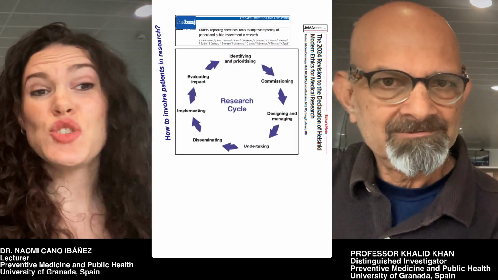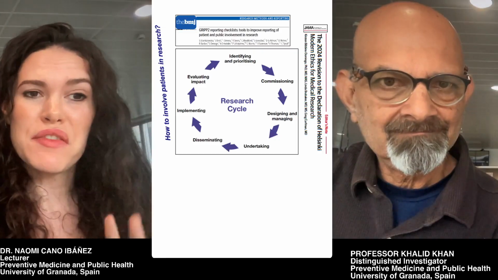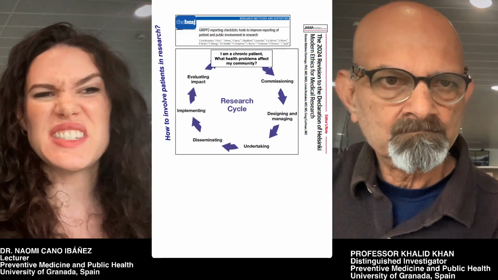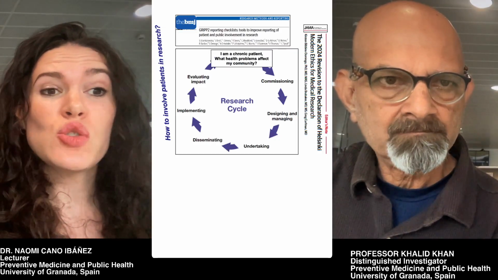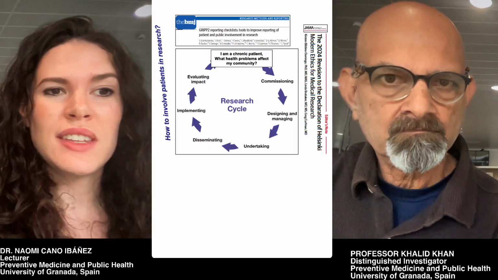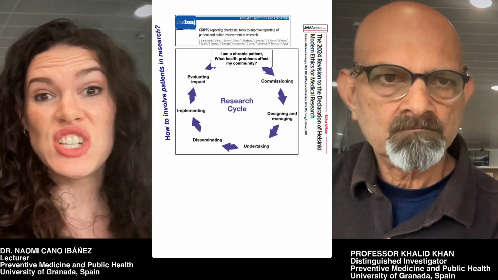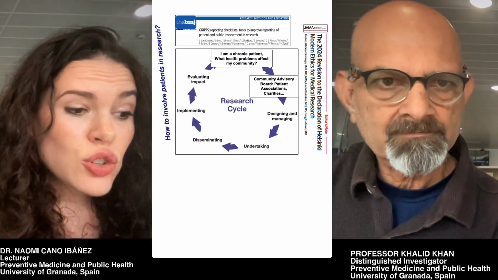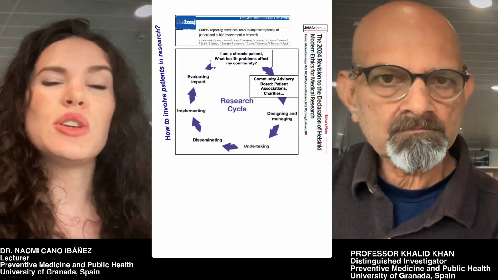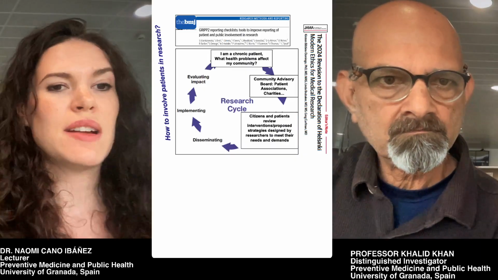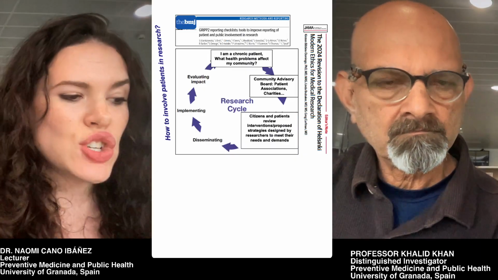Well, as you mentioned previously, we have 5 key steps that we have taken into account. The first one is knowing the expectations, the demands, the needs that the patient has. The second one is creating community advisory boards, for example, through patient associations.